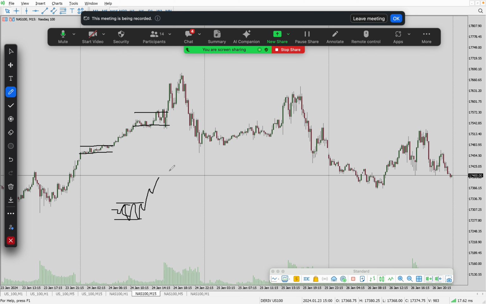You identify the false move by 3 pulses: 1, 2, 3 pulses to the high. This move, comprised of these 3 individual pushes, usually takes 2 to 4 hours to form.